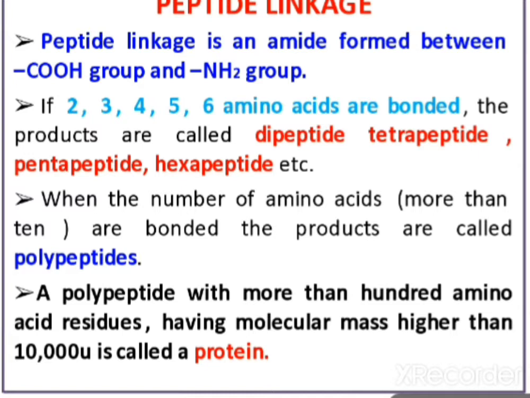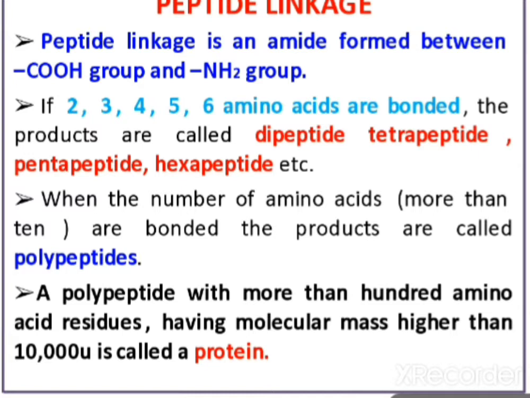Tripeptide means 3, tetrapeptide means 4, pentapeptide, and so on. So 2 means dipeptide, 3 means tripeptide, 4 means tetrapeptide, 5 pentapeptide, 6 hexapeptide. Hexapeptide means 6 amino acids are there.